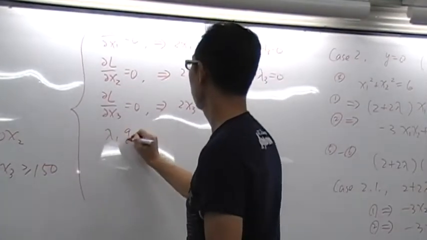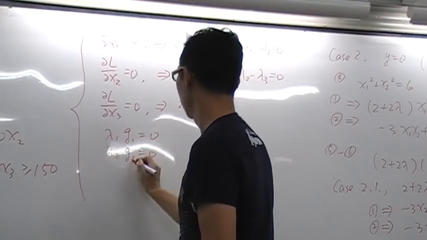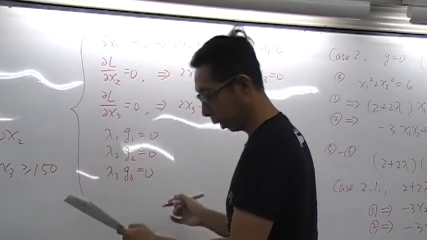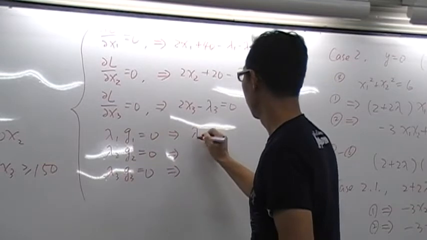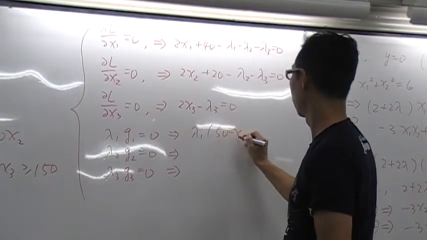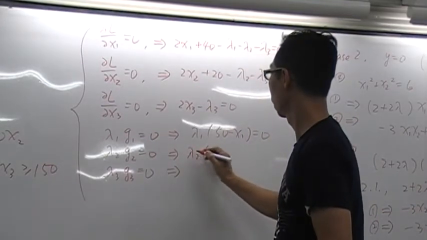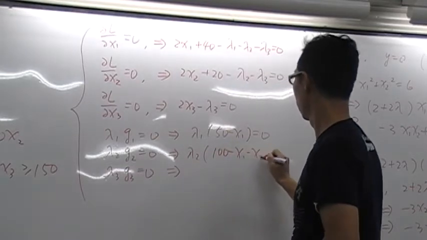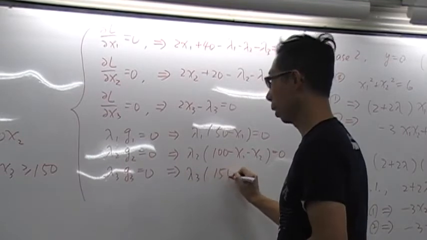So lambda 1 g1 equals 0, and lambda 3 g3 equals 0. And of course, we can write it down like this: lambda 1 g1, lambda 2 times G2, and lambda 3 times G3.